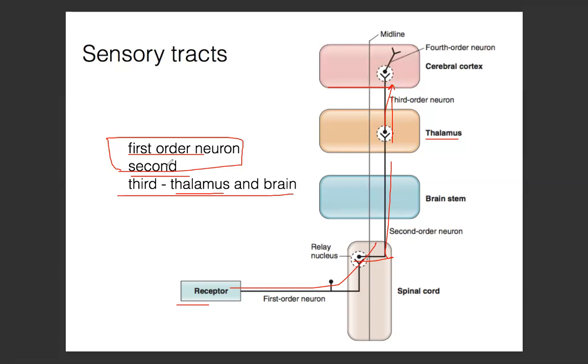As we go through each tract, you'll hear me saying the first order neuron is in the following place, the second order neuron is in the following place. But right now, I'm just explaining the main concept of what an order neuron is, so that when I do say it, it makes sense to you. Did it make sense? The order neurons are just the synapses, or the links, that happen along the way of the pathway.